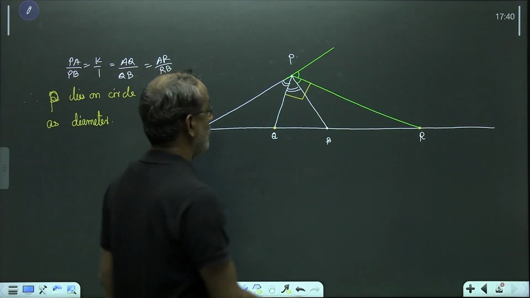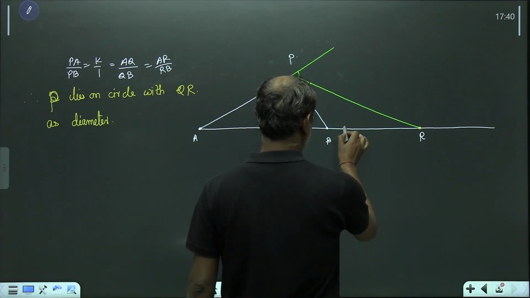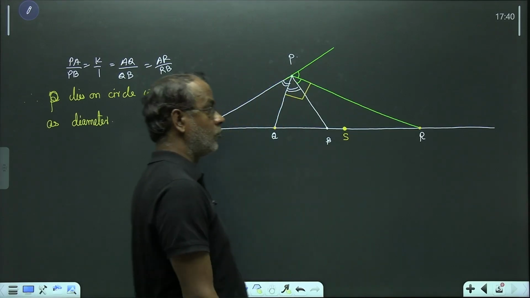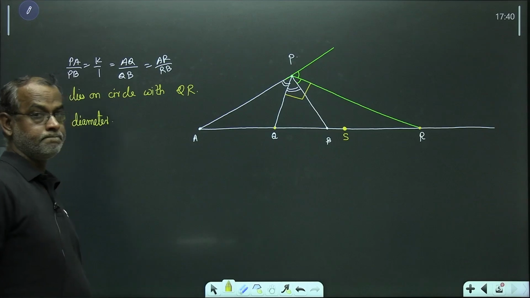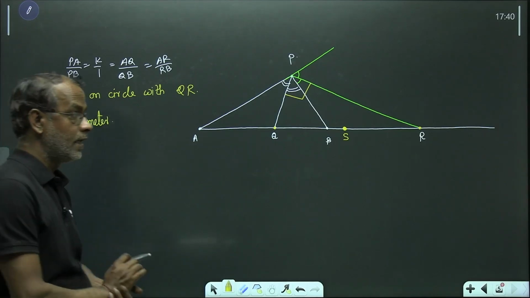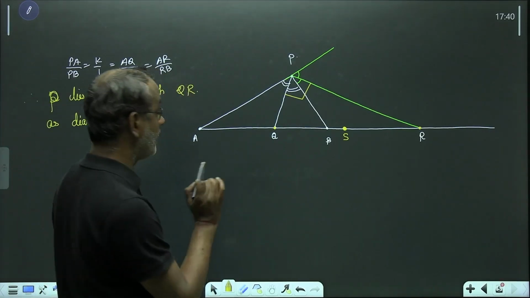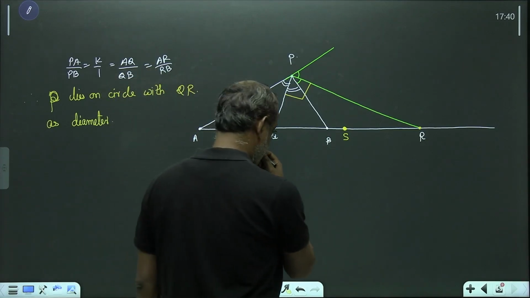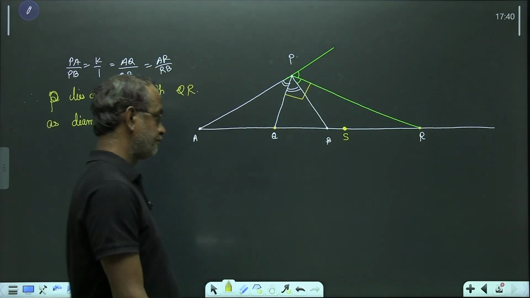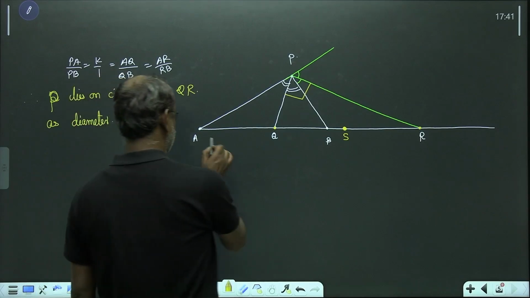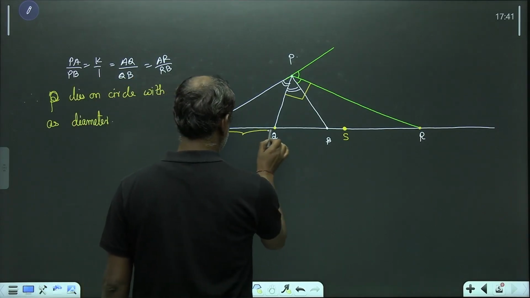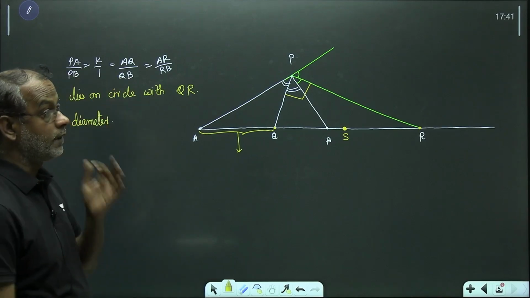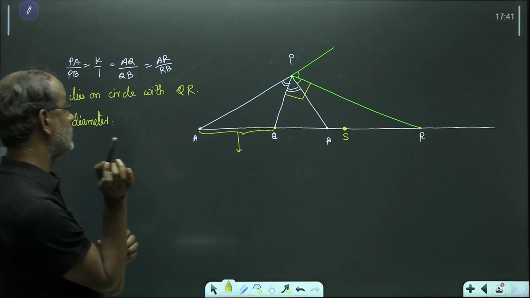Say S is the midpoint of QR, whatever that point is. The midpoint of QR is the center, and what is its radius in terms of AB and K? See, what is this length? AQ is to QB is K is to 1.